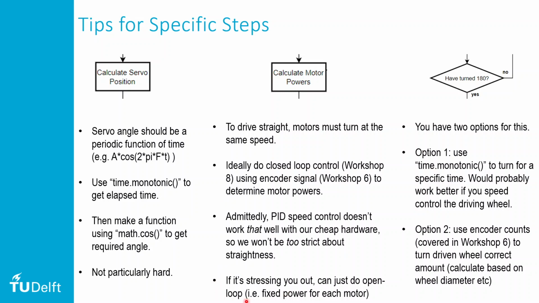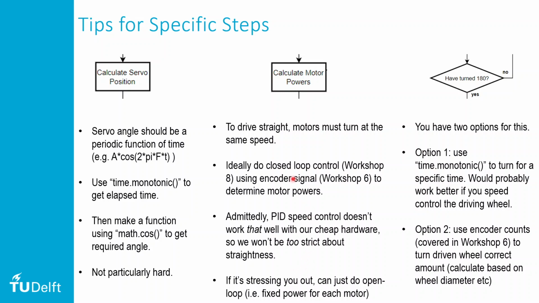it is also possible to just go with open loop control, which essentially means you just drive the motors at some fixed power. You might want that power to be slightly different for your left and right motors because the motors, being cheap, are not identical to each other. Some are a little bit faster than others.